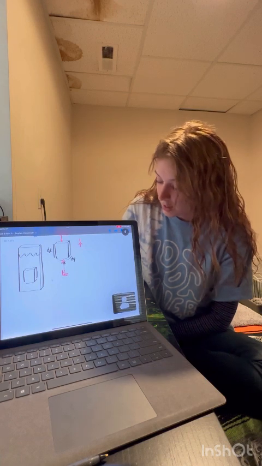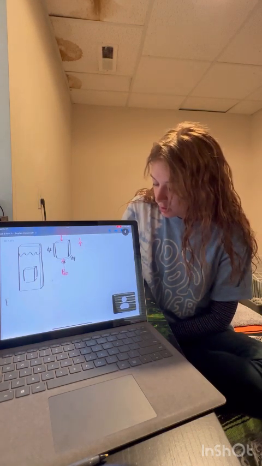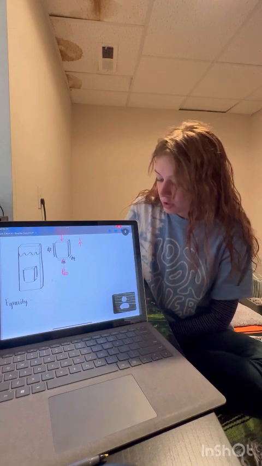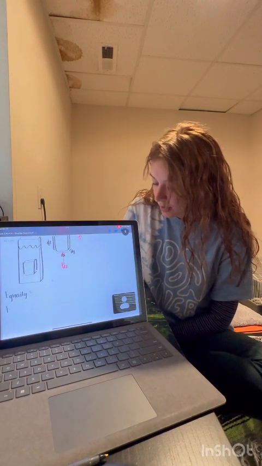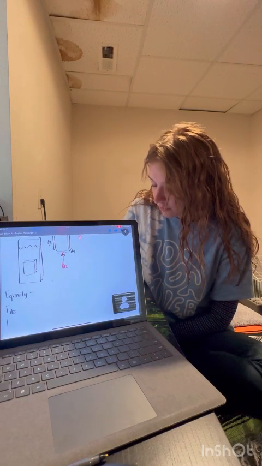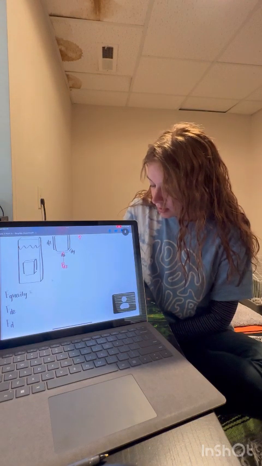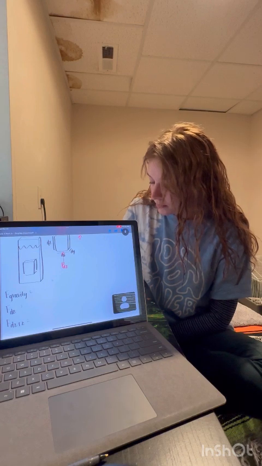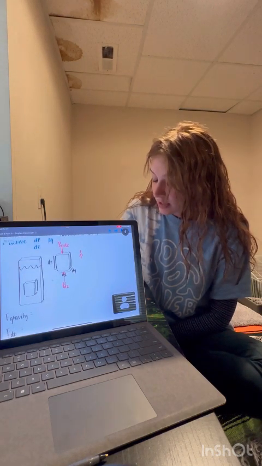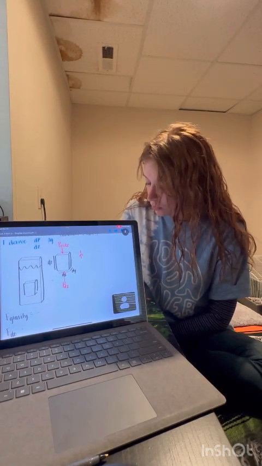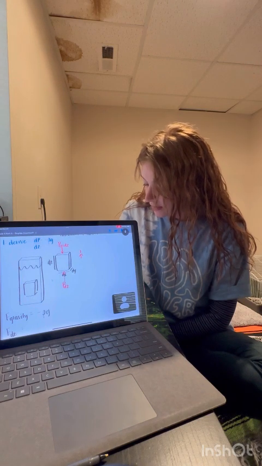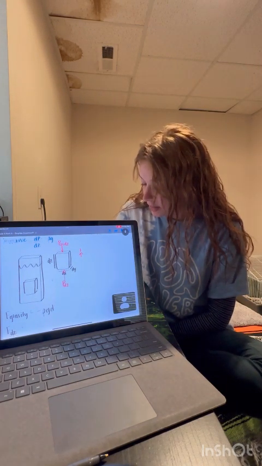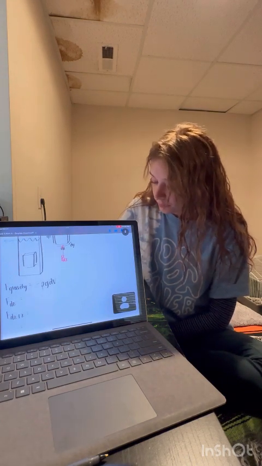Next, we can begin to label our forces. We have a force due to gravity, we have a force due to z, and we have a force due to z plus dz. Force of gravity is going to be a downwards force of negative rho times gravity, constant, and multiplied by the differential volume.